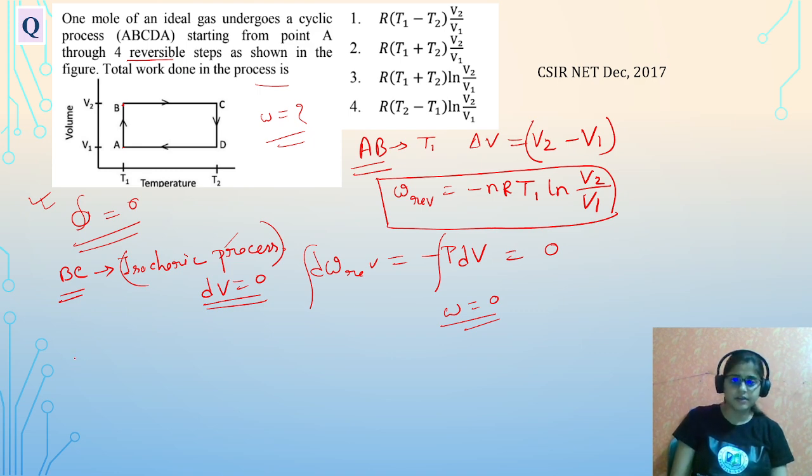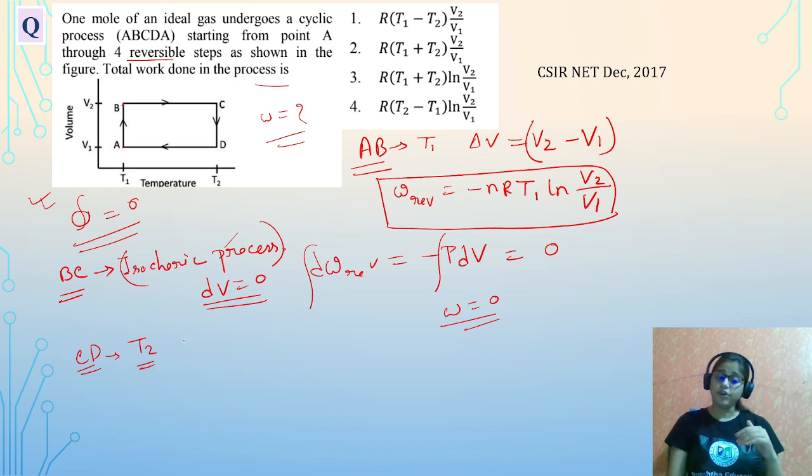Next, we have another two, right? CD. For the CD case, the temperature is not changing, temperature is T2 here, and the volume is changing, but volume is decreasing. See the arrow is there. From C to D the change is happening and V2 is greater than V1. We just want to know about the work, so let's say W dash reversible.